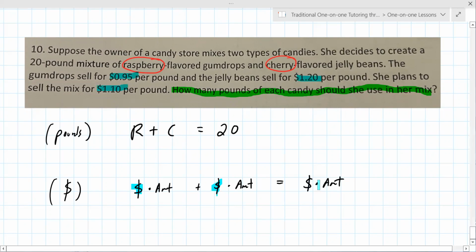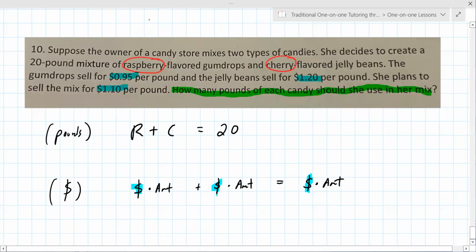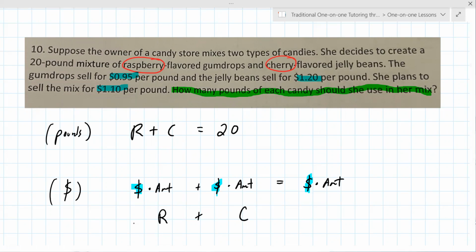Dollar, dollar, dollar. Now the amounts are the variables. So which dollar goes with the R? 0.95. Which goes with the C? 1.20.